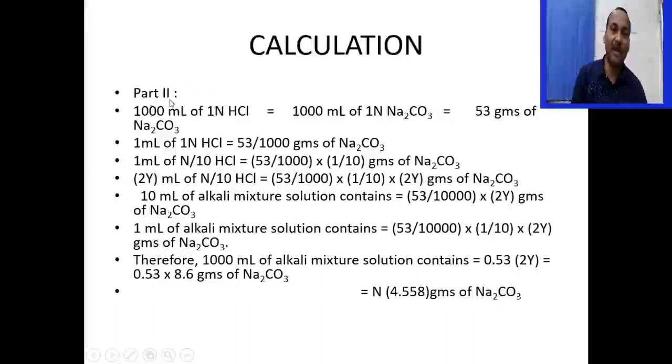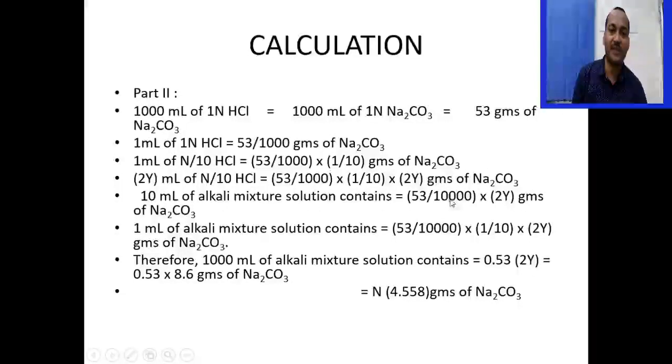Similarly, while calculating part 2 in the case of methyl orange, 1000 ml of 1 normal HCl equals 1000 ml of 1 normal sodium carbonate, that is equal to the equivalent weight of sodium carbonate, which is 53 grams. So 1 ml of 1 normal HCl equals 53 by 1000 grams of sodium carbonate. So 1 ml of N/10 HCl equals 53 by 1000 into 1/10 grams of sodium carbonate. Then we have consumed 2y ml of N/10 HCl, so that will be this much grams of sodium carbonate.